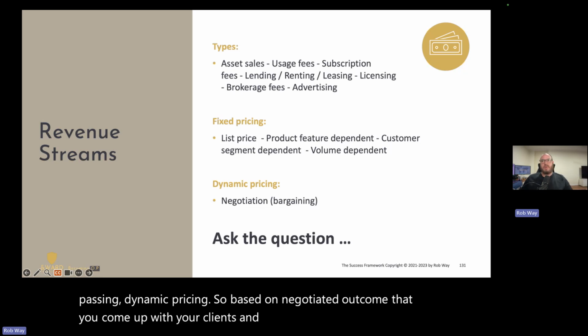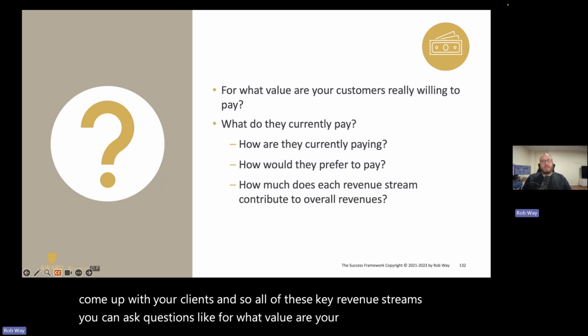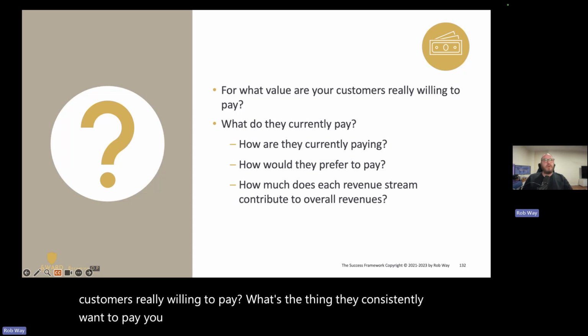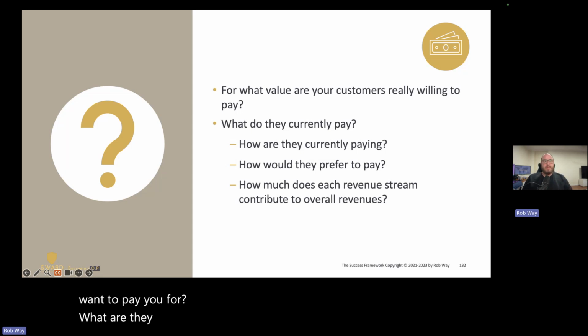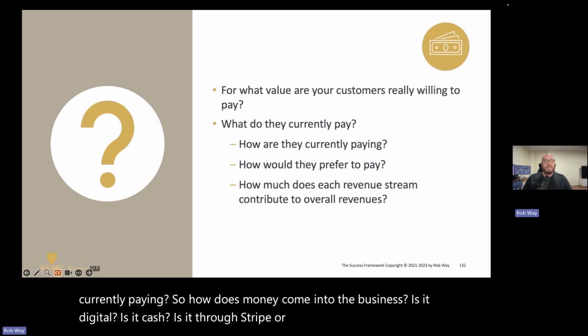And so with all of these key revenue streams, you can ask questions like: for what value are your customers really willing to pay? What's the thing they consistently want to pay you for? What do they currently pay, literally how much? How are they currently paying? So how does money come into the business? Is it digital? Is it cash? Is it through Stripe or some other system?